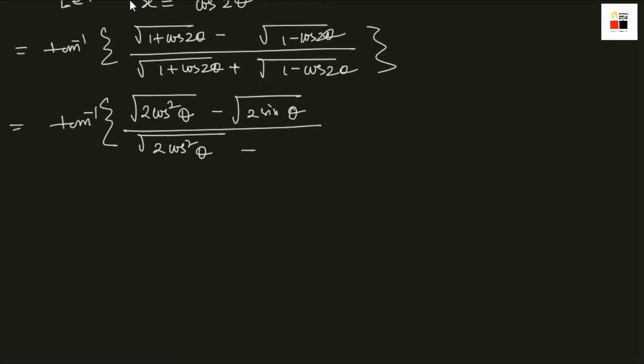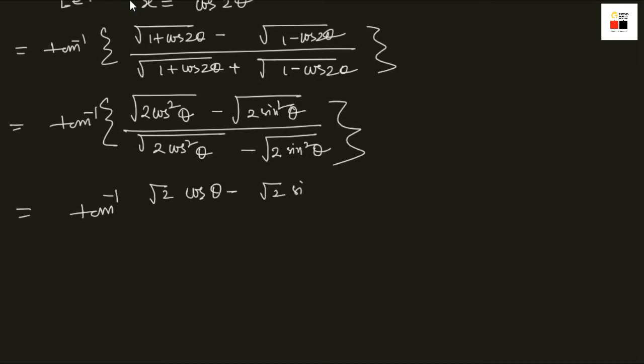Under root 2 cos square theta minus under root 2 sin square theta. This is equal to tan inverse of root 2 cos theta minus root 2 sin theta divided by root 2 cos theta plus root 2 sin theta.